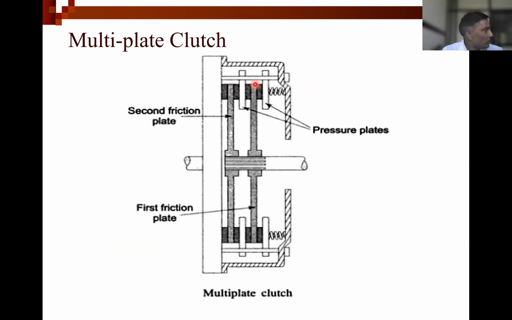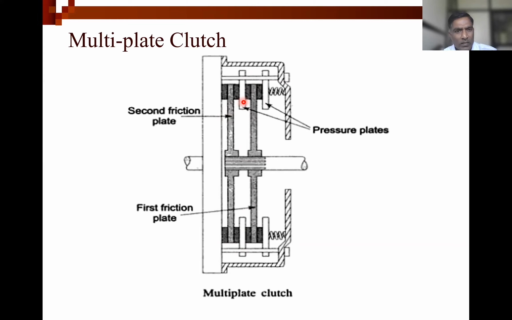Again, if an additional plate is used, then it will transmit another 100 Newton meter, and combinedly this multi-plate clutch is able to transmit twice the torque of the single plate clutch, based on the number of plates.